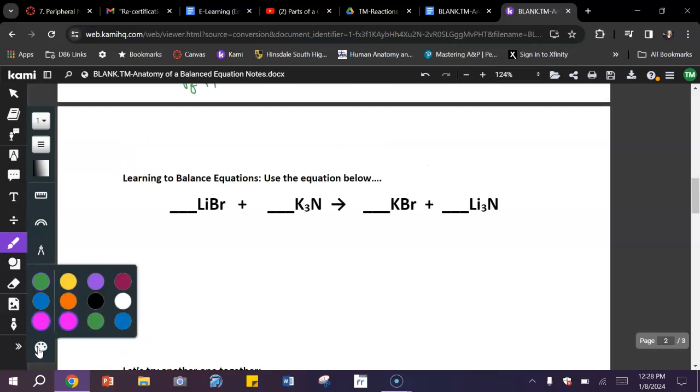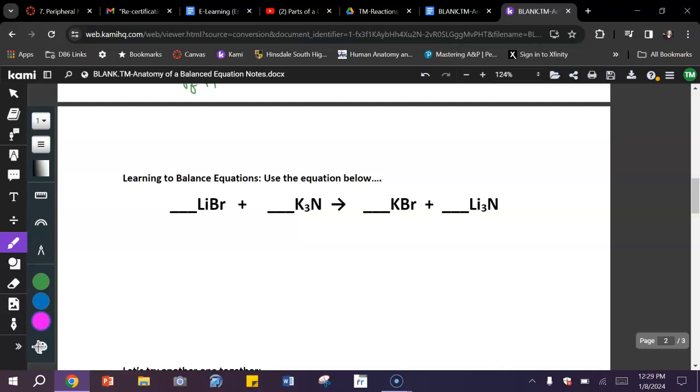In order to balance chemical reactions, we need to add coefficients to the beginnings of each compound, which is why we have blanks here in front of the formulas for every compound. That is the only way that we can balance equations.